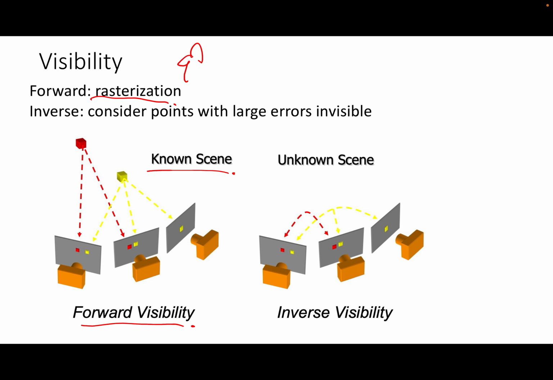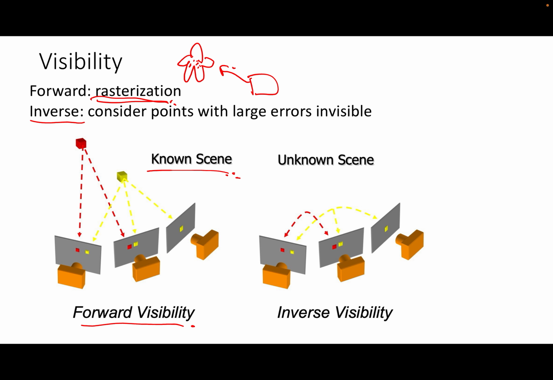Let's say we have a 3D human, and we can render this human to this image. Camera is looking here. Then the rendering engine renders the front part of the human, but the back part might not be rendered because of rasterization. So if we know the scene, there's no problem.